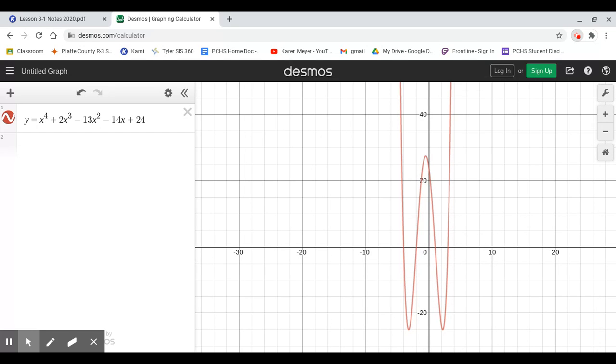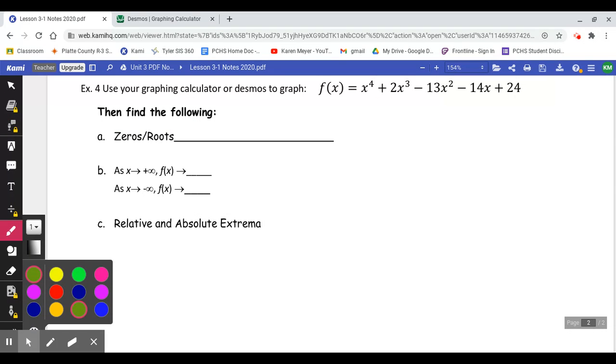Okay, so the first thing it asked for was zeros. So if you look for where it crosses the x-axis, if I start on the farthest left, when I touch that, does everybody have the ordered pair -4, 0 show up? So that means one of my roots is at -4.